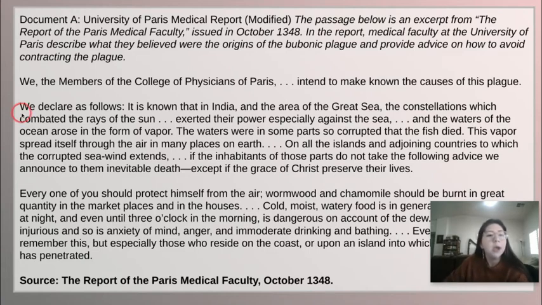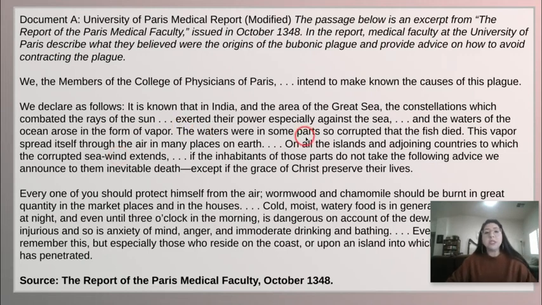So let's see. "We, the medical faculty of the College of Physicians of Paris, intend to make known the causes of this plague." They're just saying, we're going to tell you how this plague started. "We declare as follows. It is known that in India and the area of the Great Sea, the constellations which combated the rays of the sun exerted their power, especially against the sea, and the waters of the oceans arose in form of vapor.